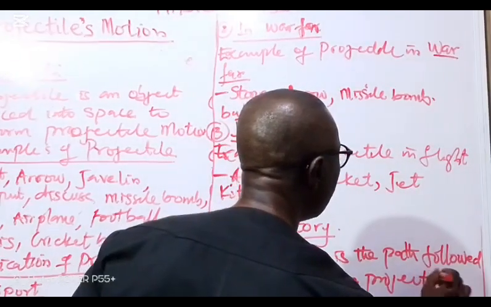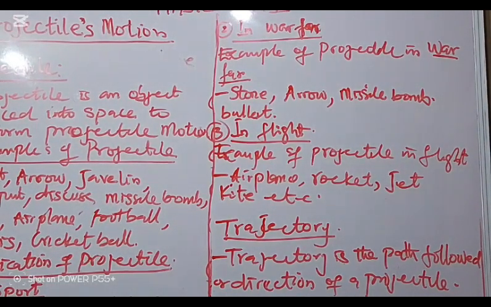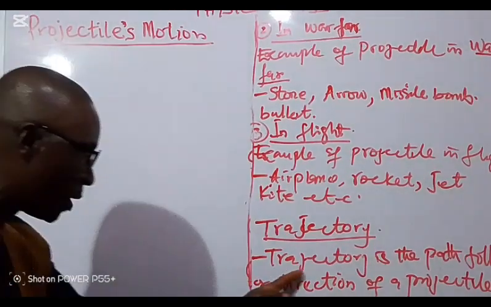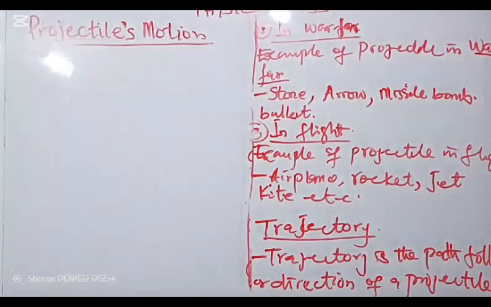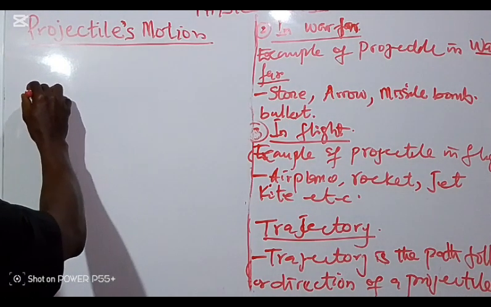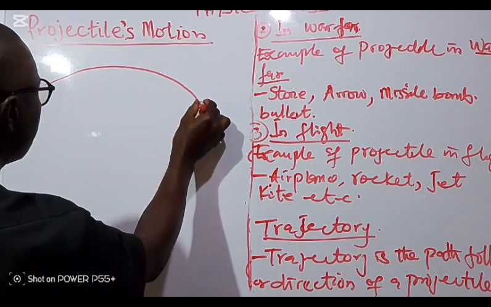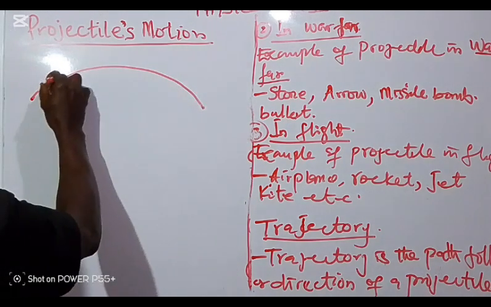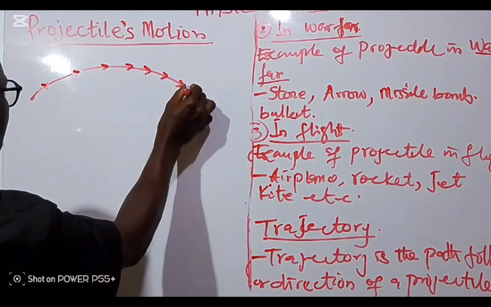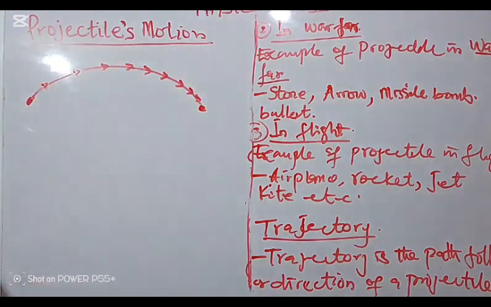The path followed or direction of a projectile is what we mean by trajectory. For instance, when a tennis ball is being played, the curve is like this, from one player to another. The curve is followed. So this path followed by the tennis ball is what we call trajectory.